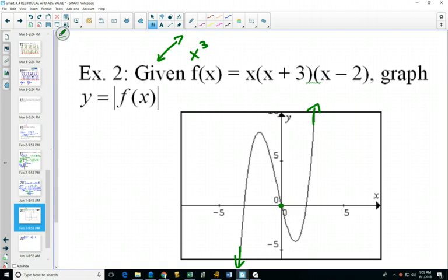Our second factor, x plus 3, we have an x-intercept that's at negative 3. And x minus 2 tells us that we have an x-intercept at 2. And from chapter 1, knowing the end behavior and knowing the x-intercepts is enough for us to sketch this.